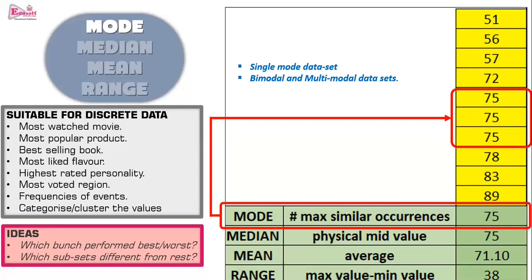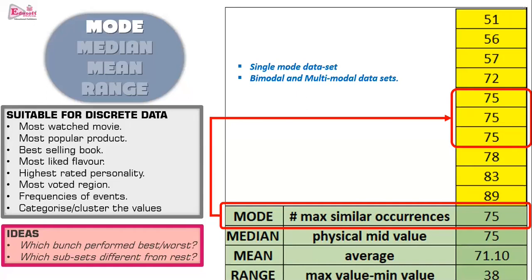Similarly, the most selling book, the most preferred product by the people, the most liked service by the mass, the frequency of some event, all these things can be simply figured out with the help of mode.